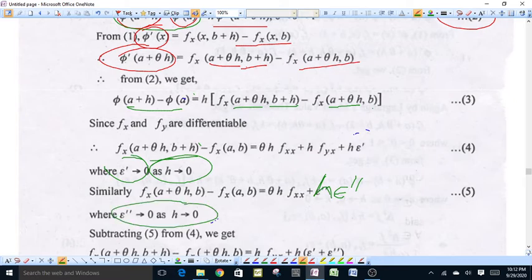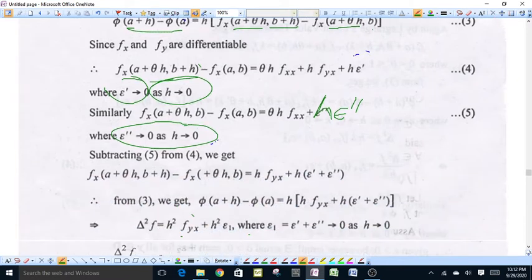Now we subtract equation 5 from 4, we get fx(a + theta h, b+h) minus fx(a + theta h, b) is equal to h fyx plus h into (epsilon dash minus epsilon double dash).